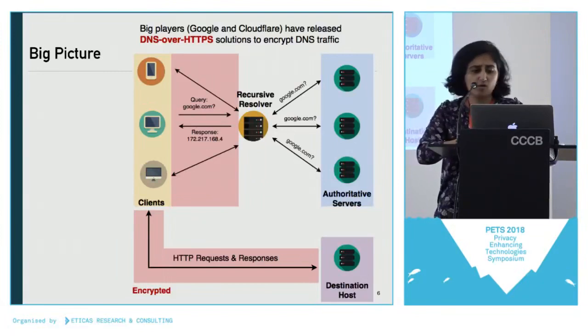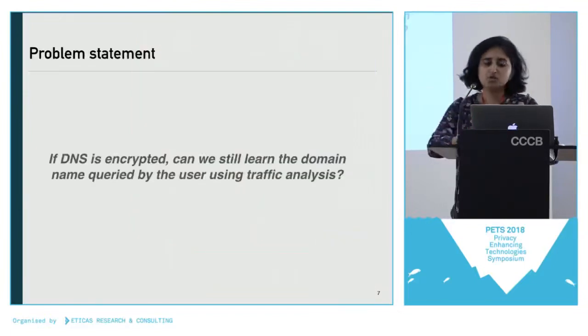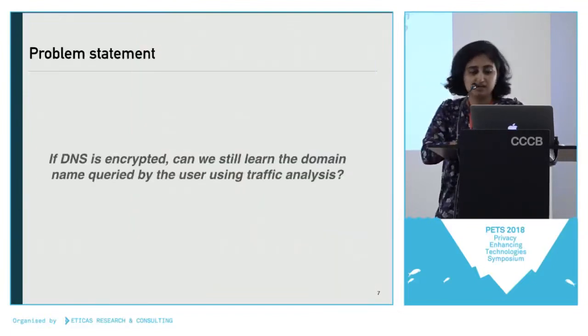DNS over HTTPS is a relatively new protocol where the idea is to establish an HTTPS connection between the client and the recursive resolver and use that to exchange queries and responses. What we were interested in studying, and we found out that so far it's not been done, is if the DNS traffic is encrypted, can we still do traffic analysis on the encrypted DNS traffic to find out which domain name is being queried by a particular client?